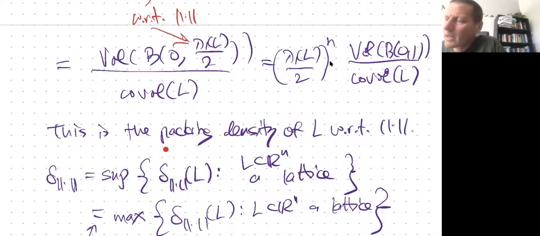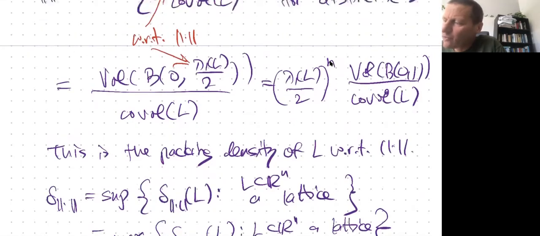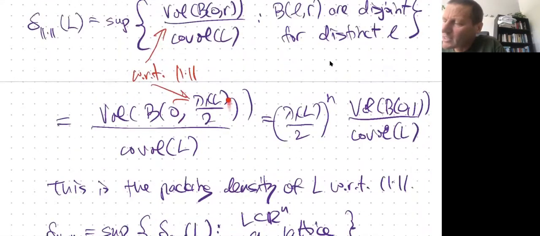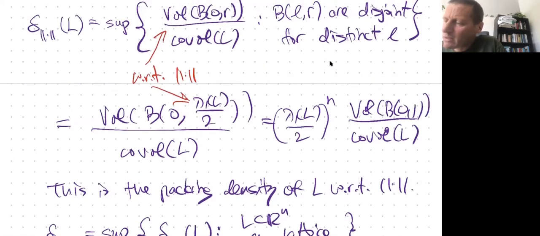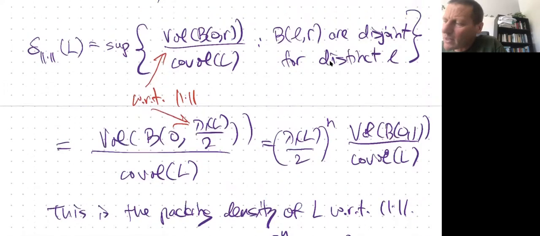Okay? And where did I get the second formula involving the first successive minimum? Well, remember that you can take the co-volume of L to be the volume of the Voronoi cell. So basically, we're trying to say what's the largest size of a collection of disjoint balls relative to the volume of the Voronoi cell.